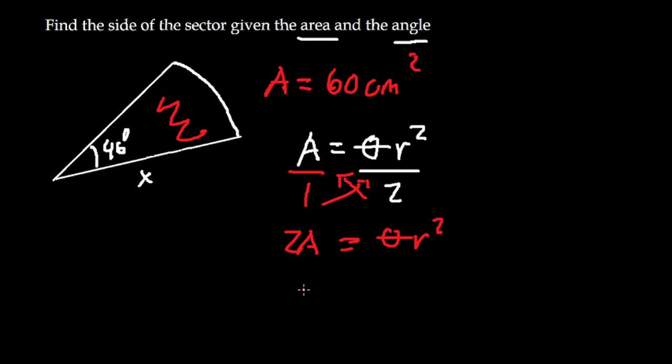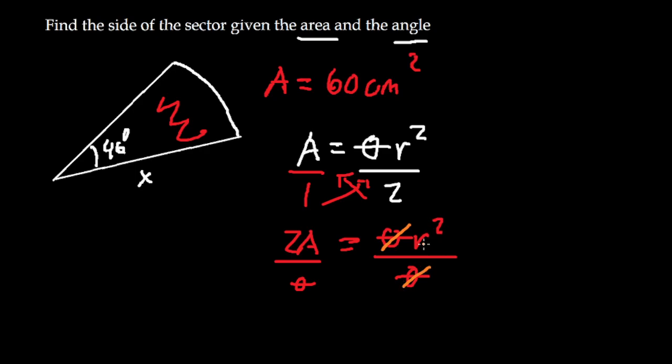So, next, paano natin ma-isolate yung r squared? We want to isolate r squared kasi yun yung hinahanap natin, si r. So, I want you to analyze. Okay. So, we can divide both sides by, ay, no, by theta, by the angle given. So, these two cancel out.